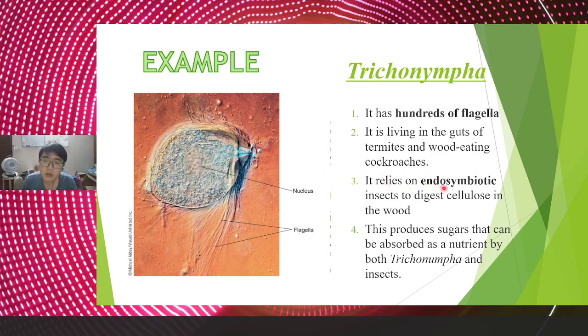It relies on endosymbiotic insects to digest cellulose in the food, like a parasite organism. This will produce sugar that can be absorbed as a nutrient by both Trichonympha and the insects.